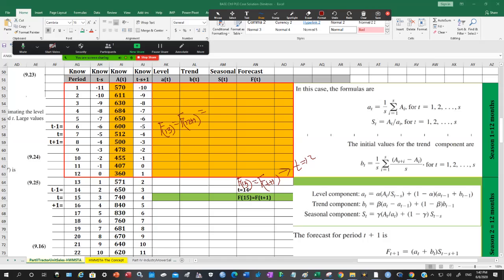This would be then the level at t, 12, plus the trend component, times the seasonal component of t minus s plus 1, and that would be 12 minus 12 plus 1, which is 1. So this is s of 1, right? And where is that s of 1?